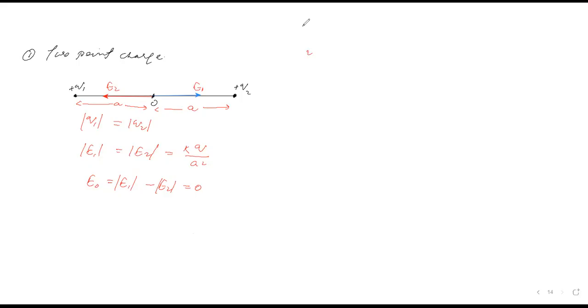Next, 3 point charges. Suppose that you have 3 charges placed at the vertices of a triangle.